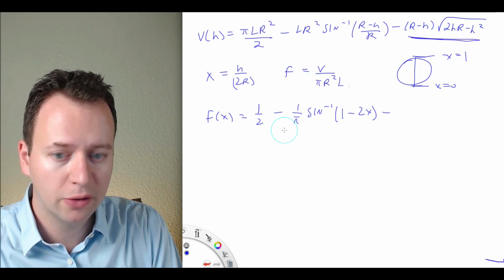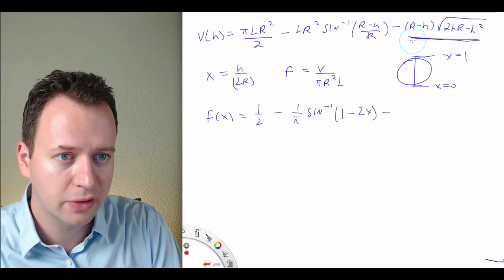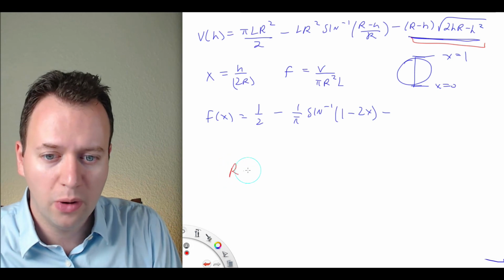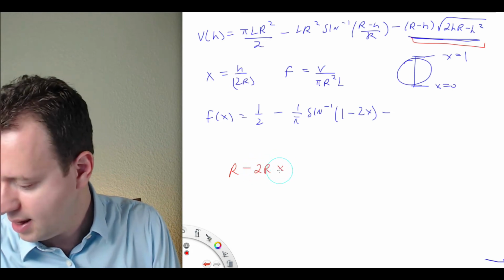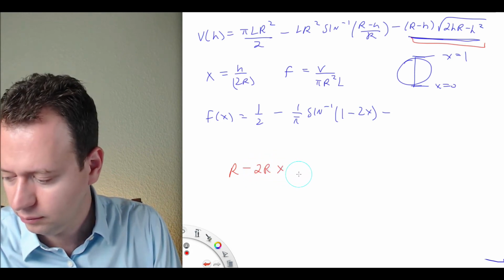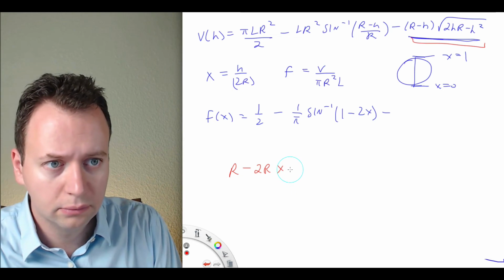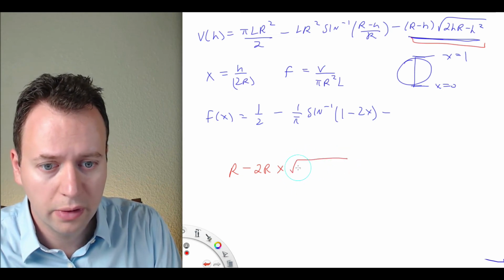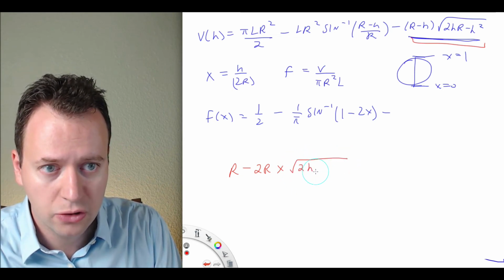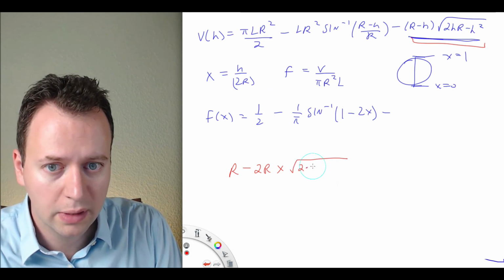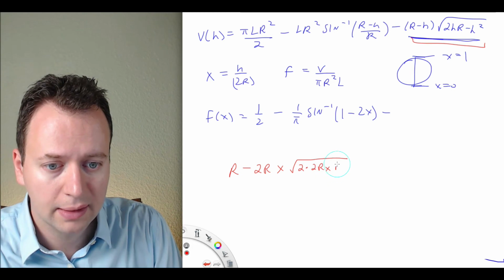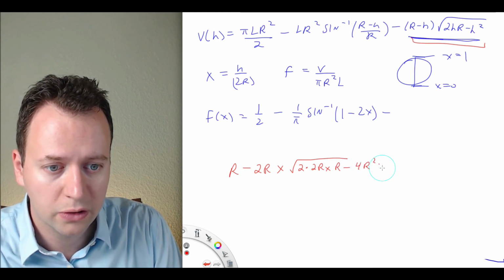We'll do a little aside for this last term. So we'll rewrite it replacing h with 2rx. So r minus 2rx, square root of 2 times 2rx times r minus h squared, which is 4r squared x squared.